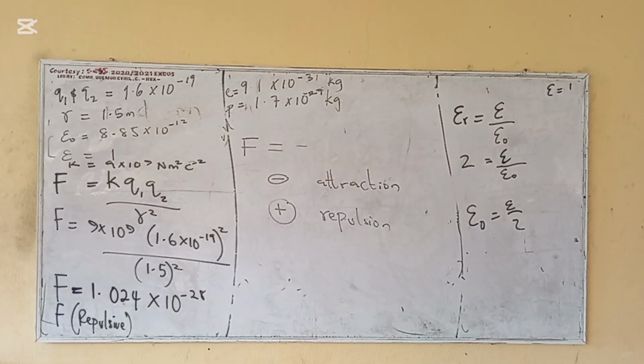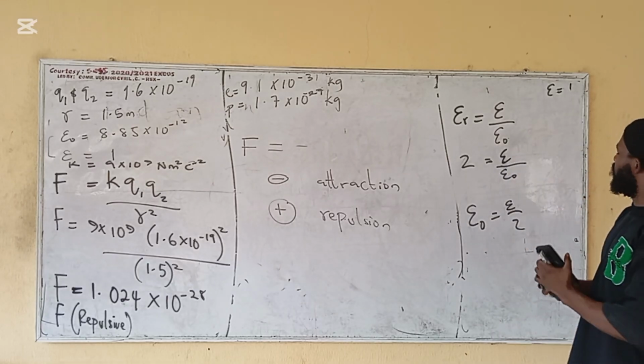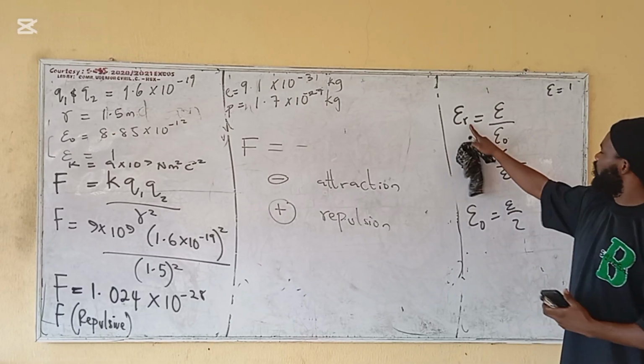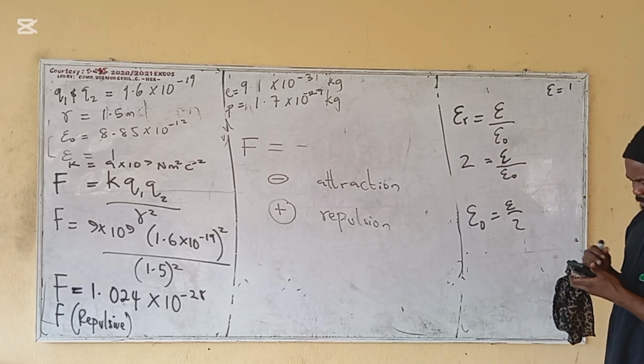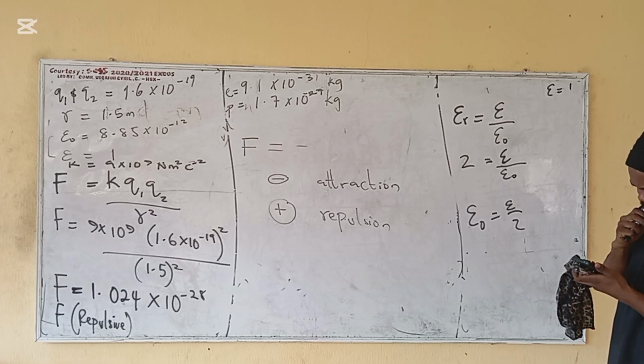Now, if I make this the subject of the formula here, because epsilon here is the dielectric constant, this one is relative permittivity, shouldn't it? Relative permittivity.